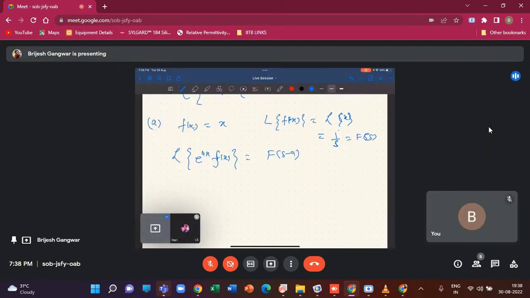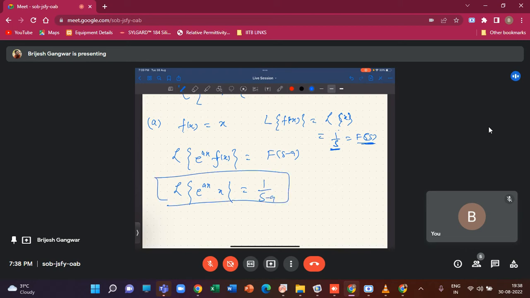If we have considered f(x) is equal to x, then Laplace of e to the power ax into x is equal to, we will put s minus a instead of s. So 1 upon s minus a whole square will be the Laplace transform of this one.